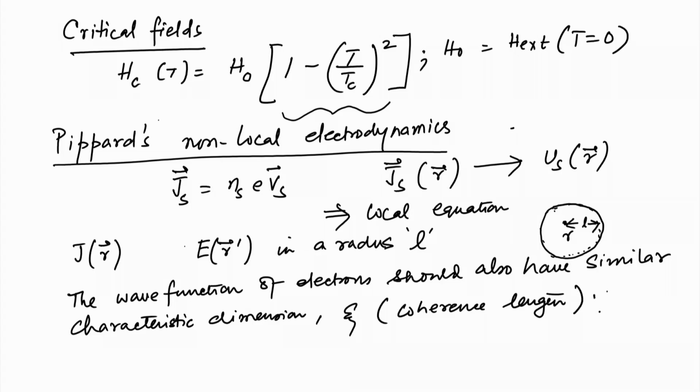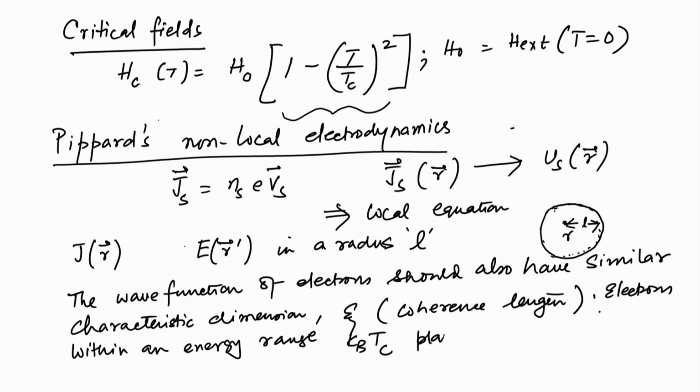So, electrons within an energy range kTc, where Tc is the transition temperature, play a major role in pairing. So, this is pairing of electrons.